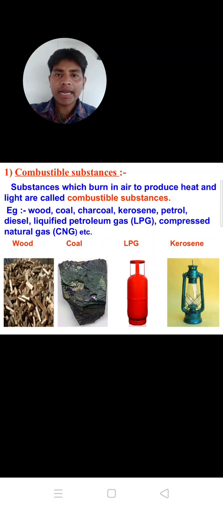When you burn a candle, the candle produces flame, but coal and charcoal do not form flame. So let us study the chemical process of burning and the types of flame produced during this process.